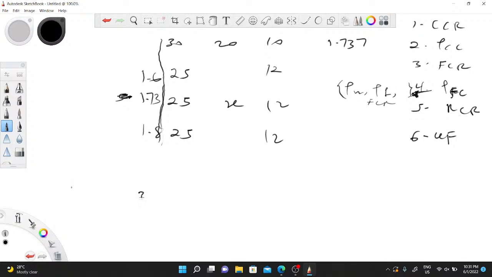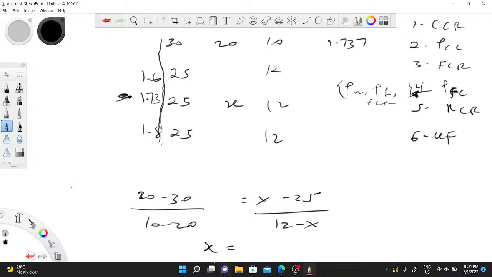So I'll do 20 minus 30 over 10 minus 20 is equal to x minus 25 over 12 minus x. So you get your x, which you approximate. Here we are finding rho FC. Don't forget, rho FC we use 20%. Our table has just 20%, so we use 20%. Please solve and get this answer here.